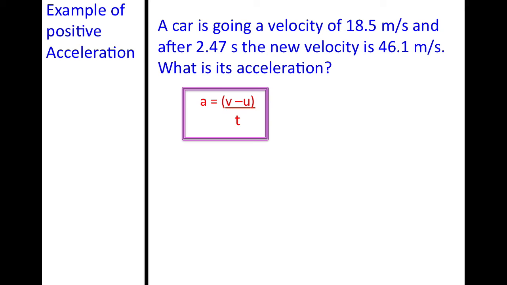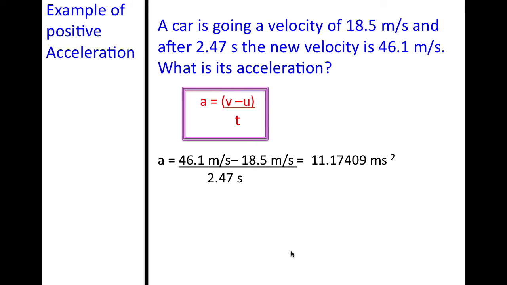The final velocity is 46.1, so you're going to take that, 46.1, minus the initial, which is 18.5 meters per second, divided by the time, and that should give you 11.174, or 11.2 meters per second squared. That is a positive acceleration because the answer is positive.